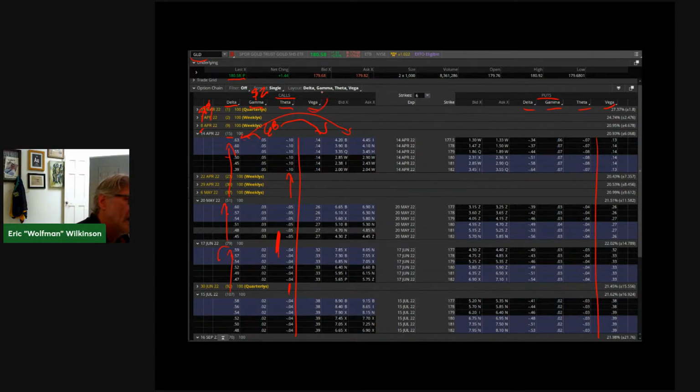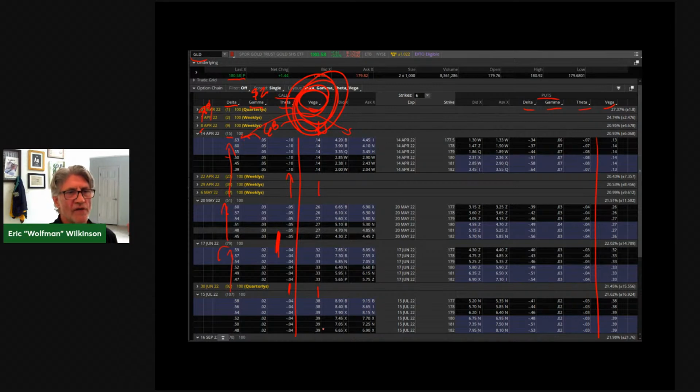And then Vega, this is the one I want you guys to really think about. Vega increases and decreases more further out in time. So volatility will affect further duration options more. Now, if you have a binary event or an earnings, that can jack up the volatility in that month.